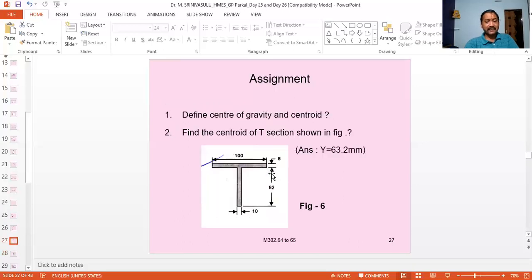Here also it is symmetrical about the y axis, so we need to find out only the y coordinate, because the y axis is passing through the midpoint, so the x coordinate is acting at the midpoint.